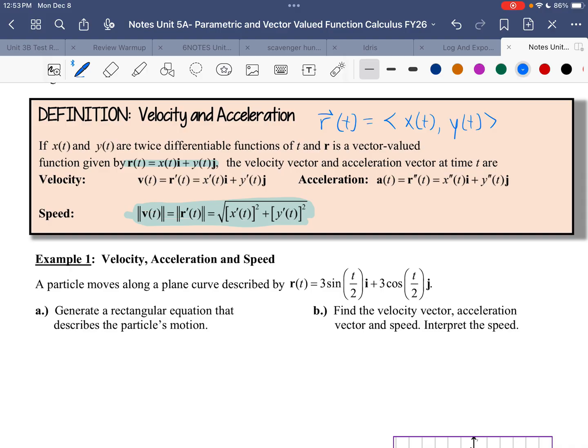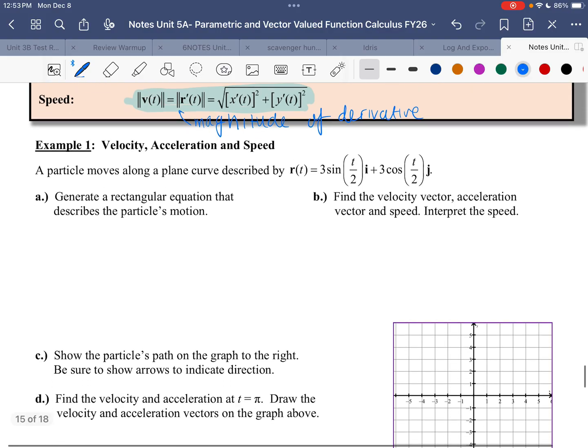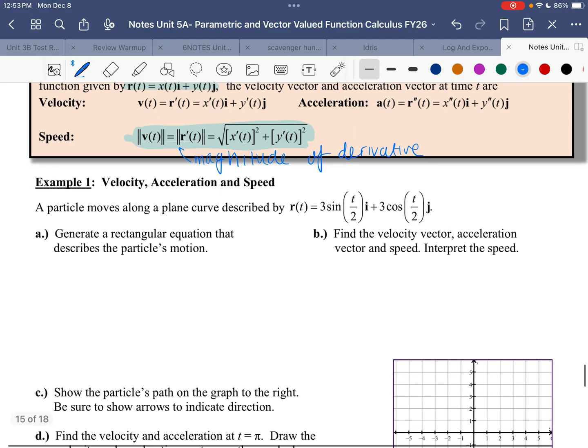So the two vertical bars are the magnitude of the derivative. Remember, magnitude is just a squared plus b squared, square rooted. It's like finding the hypotenuse.